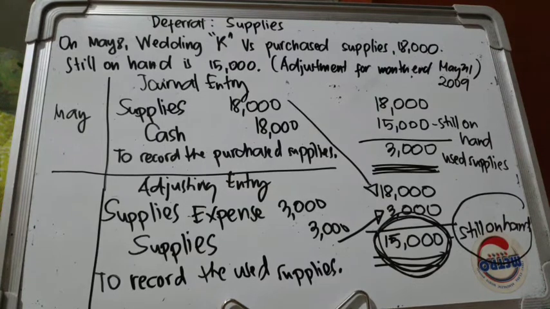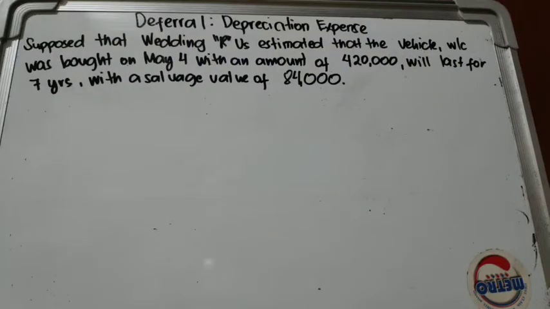We will now proceed to the depreciation expense, which is in connection with your property, plant, and equipment that are your non-current assets. Ito yung mga adjustments kapag nagde-depreciate or bumababa ang value ng mga property, plant, and equipment na na-acquire ng company.